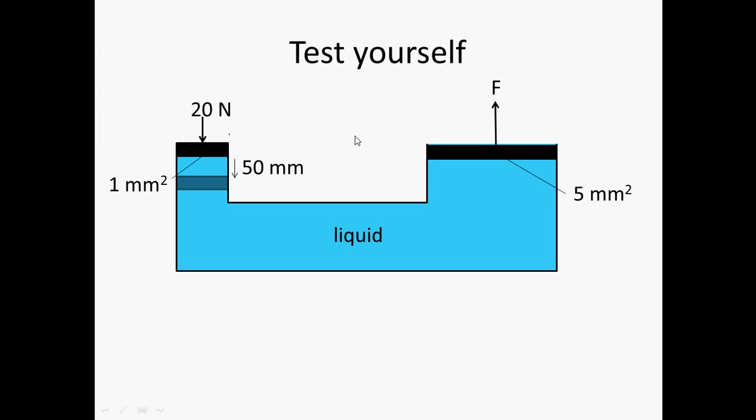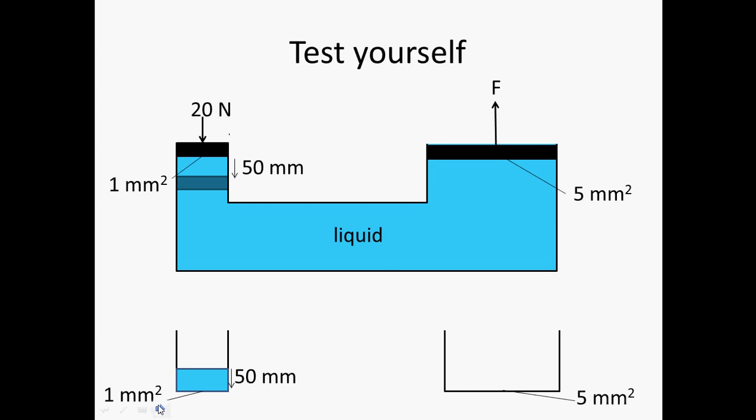So how do you visualize this? You can imagine this part as a cylindrical vessel, for example a beaker with an area of 1 mm square. So let's say you have a liquid that is 50 mm in height in this beaker with an area of 1 mm square.